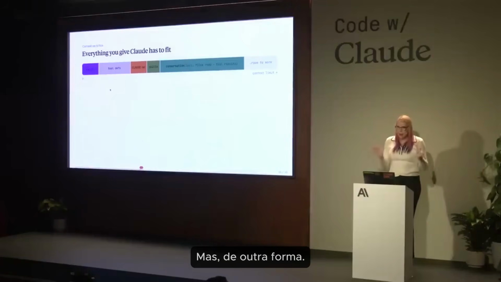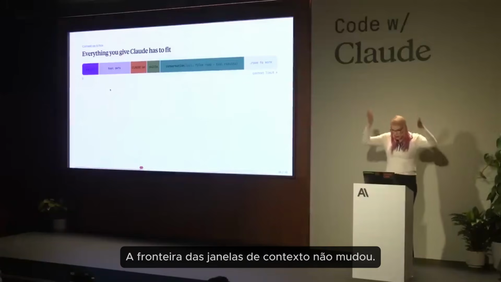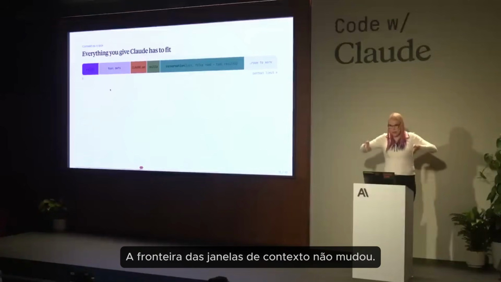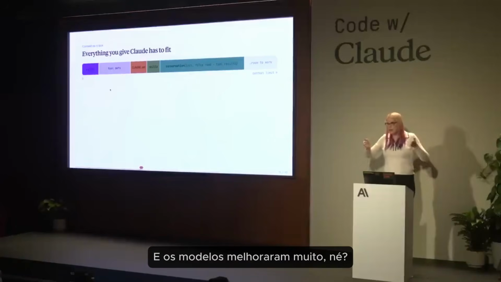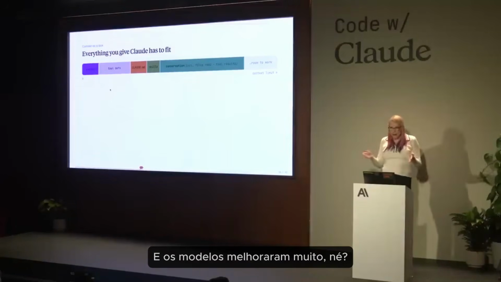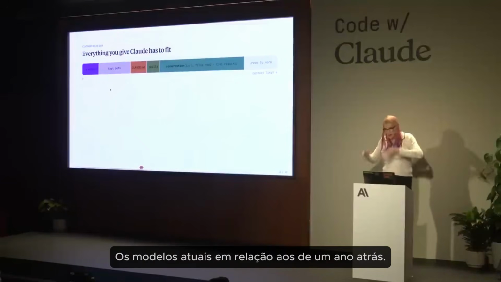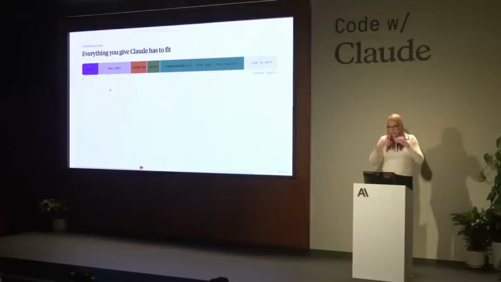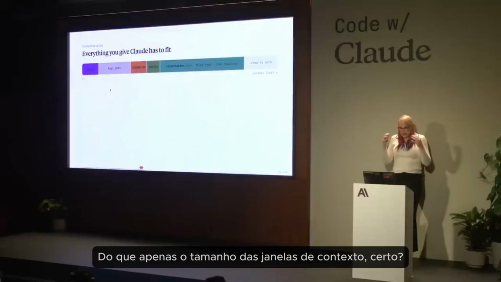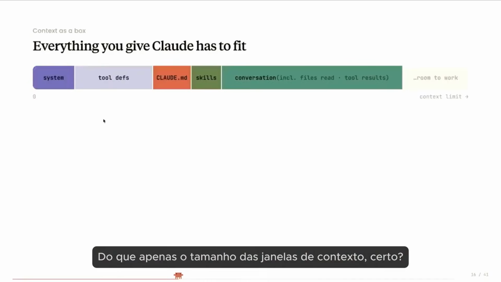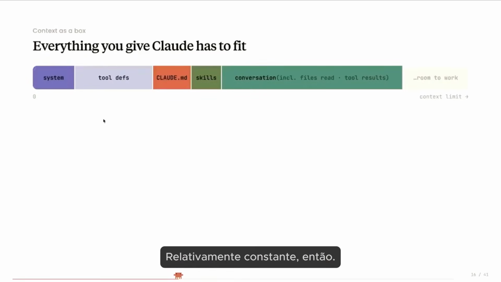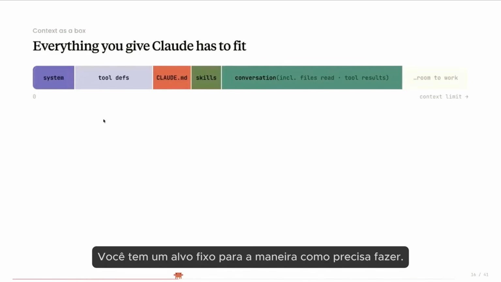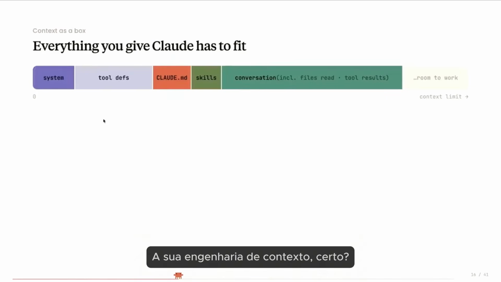But otherwise, the frontier of context windows hasn't changed, and the models have gotten way better, right? The models from now versus the models from a year ago have a lot more change than just the size of the context windows, and the size of the context windows is remaining relatively constant. So you kind of have a fixed target for how you need to do your context engineering, right?